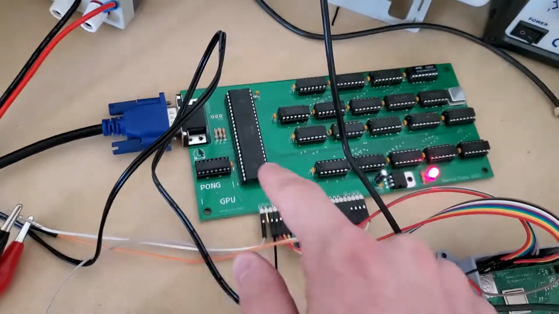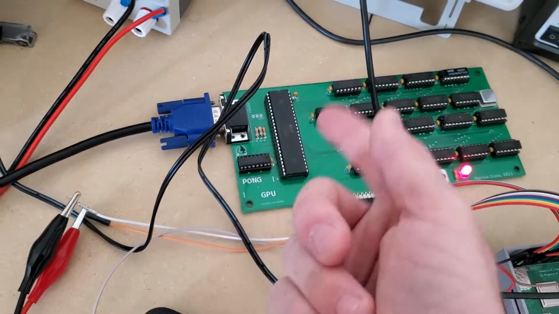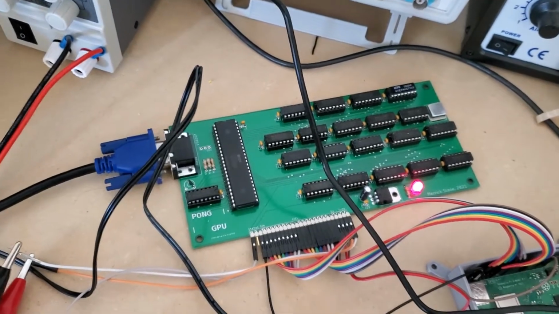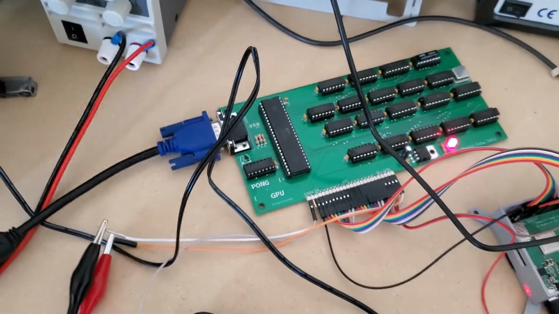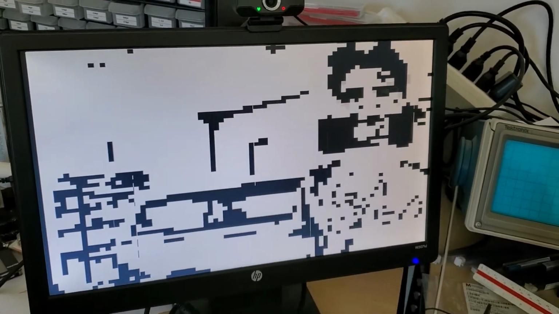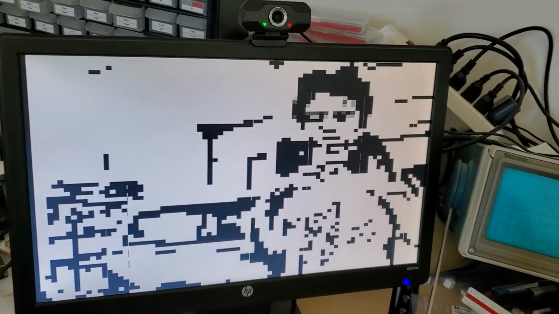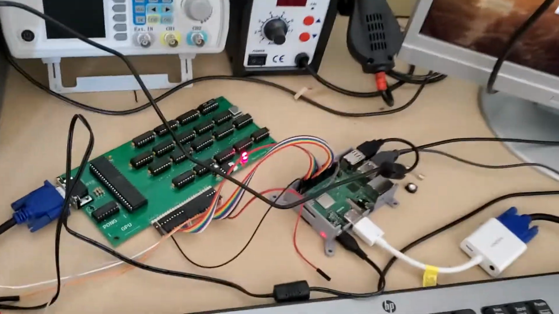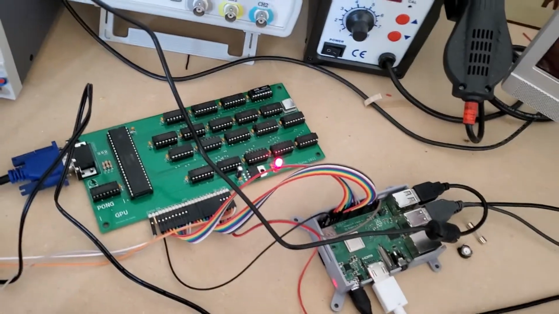is. And the reason for that is that this GPU uses 1 KB of dual port RAM for its frame buffer, which is nice because it means that you can actually write bits to the screen at the same time that the screen is drawing them out. Which means that you don't have any conflicts between the GPU and the CPU.